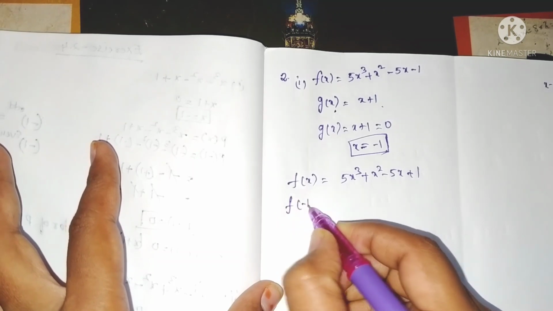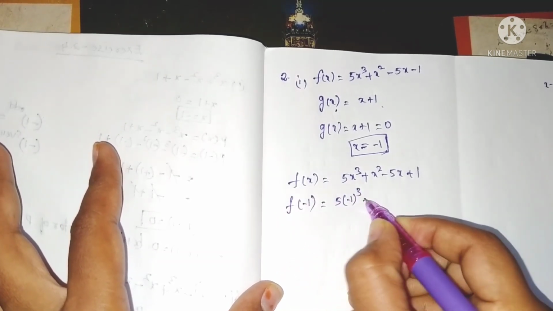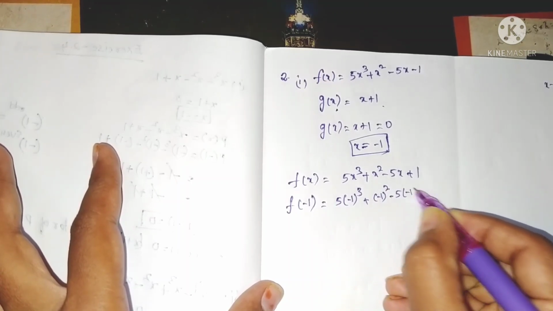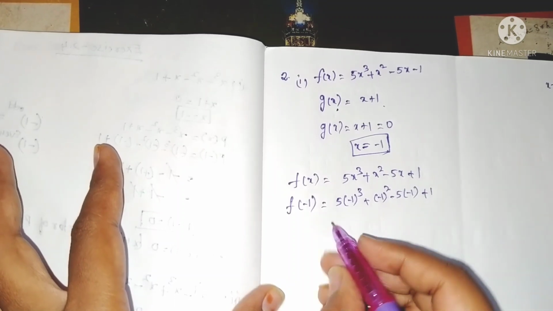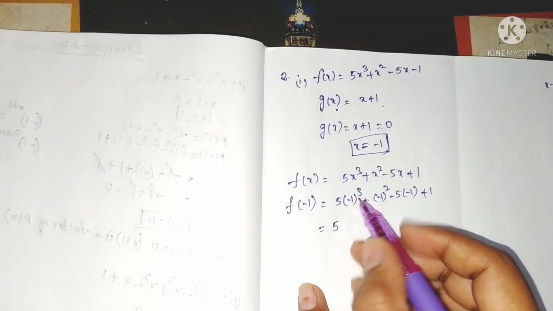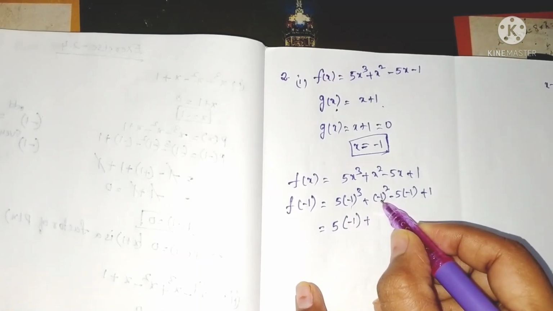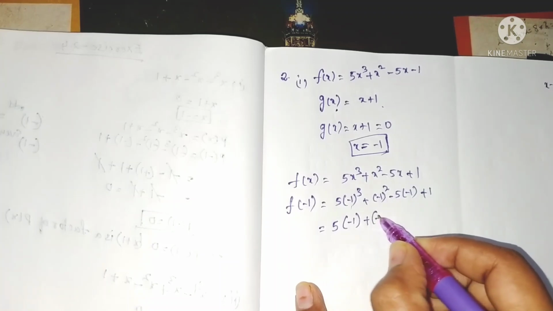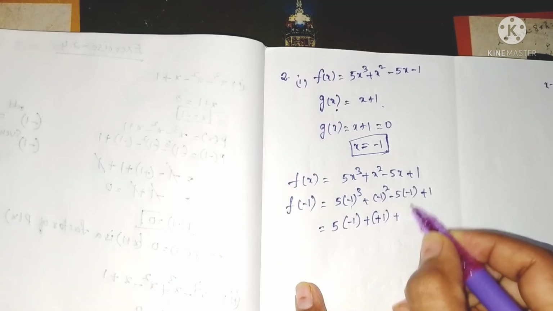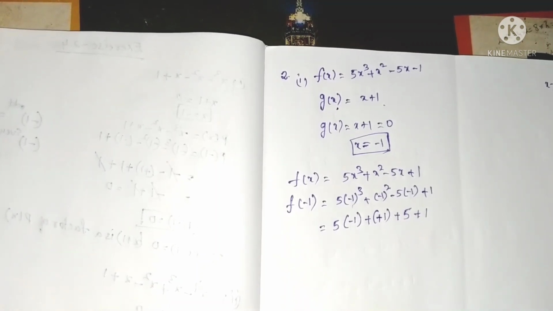Now f of minus 1: 5 into minus 1 whole cube plus minus 1 whole square minus 5 into minus 1 plus 1. So minus whole power odd number is minus 1 only, plus minus 1 whole power even number is plus 1. Okay, minus into minus is plus, 5 ones are 5 plus 1.